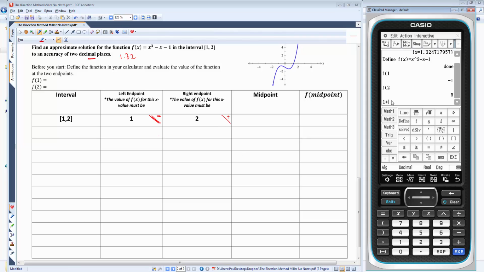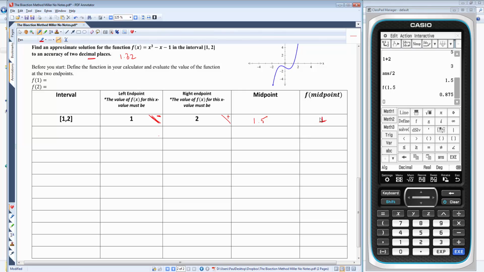The midpoint is found by doing 1 plus 2 and then dividing the result by 2. So our midpoint is 1.5. Then we get f of the midpoint, 1.5. Again, all I'm noting at this point is whether it is positive or negative. So we note here that the midpoint produces a positive y value.